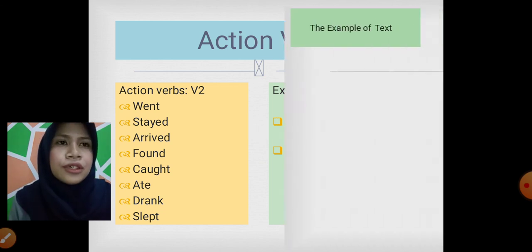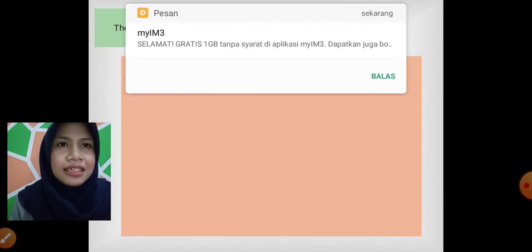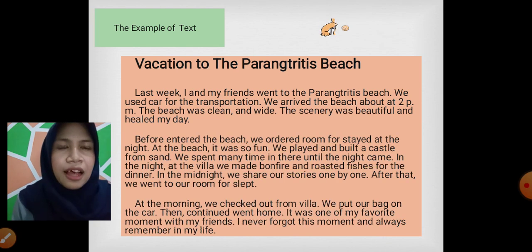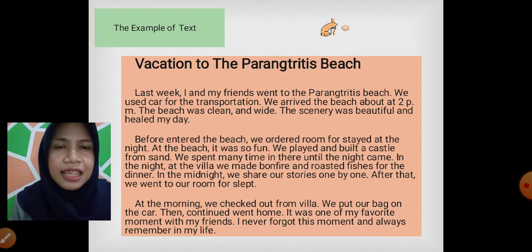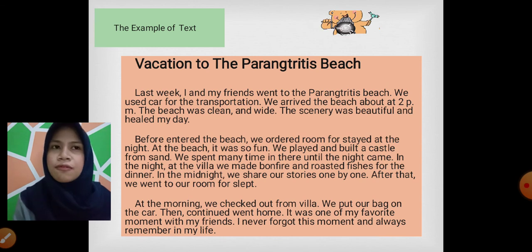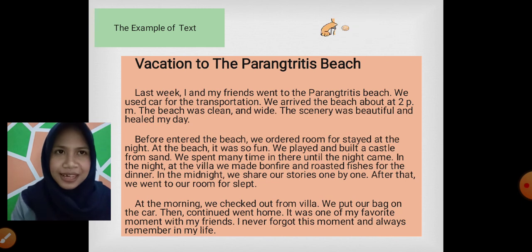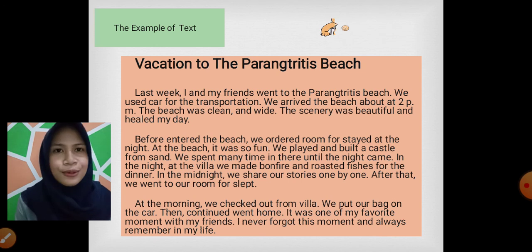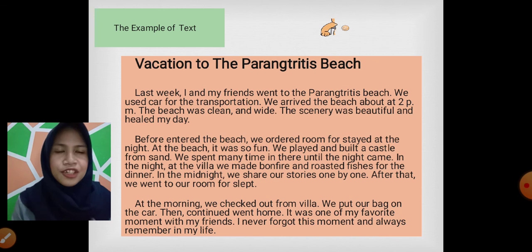We have moved to the example of the text. I have a text whose title is Vacation to the Parent-Teacher Speech. There are 3 paragraphs. You have to read it to understand the meaning of the paragraphs of the text. So you have to read it first. After you read it, you have to identify the language features used, the connections, and the generic structures.